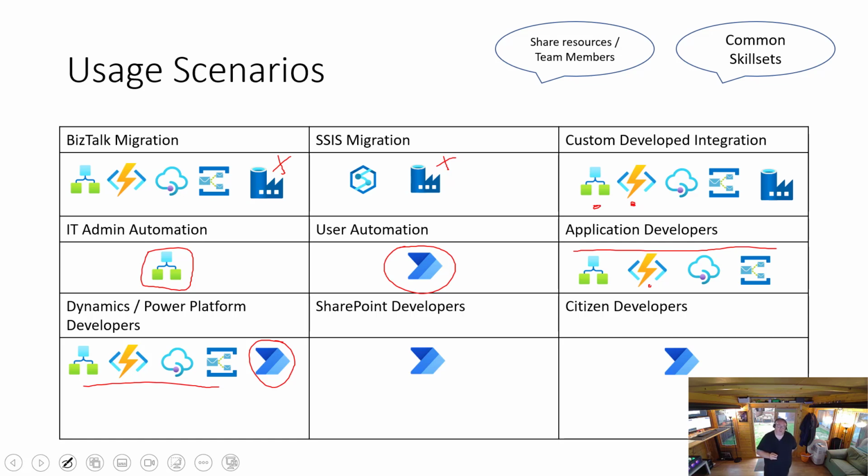Now, the key thing I want to get across here is we start seeing these same types of Azure resources light up in all of these different scenarios. And what that means is that if you're building an integration team, in the past, in the history, we had BizTalk and we'd have challenges that it was very difficult to cross-train somebody from another team to come and work with BizTalk.